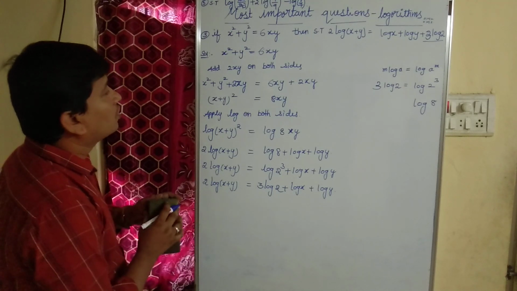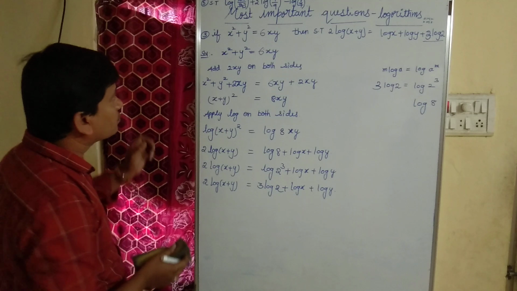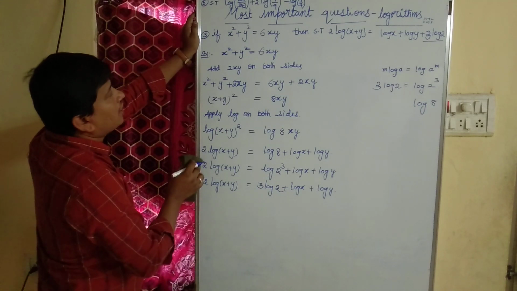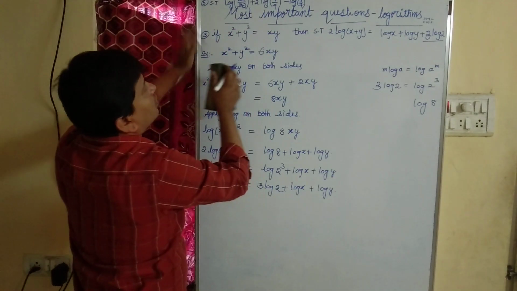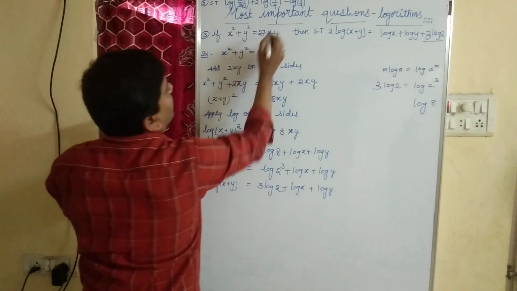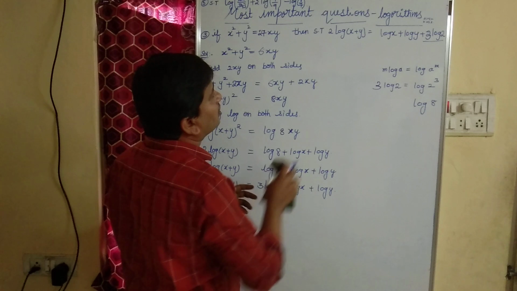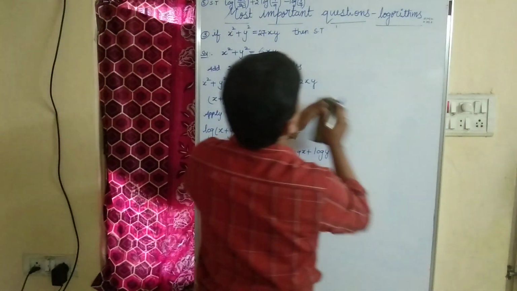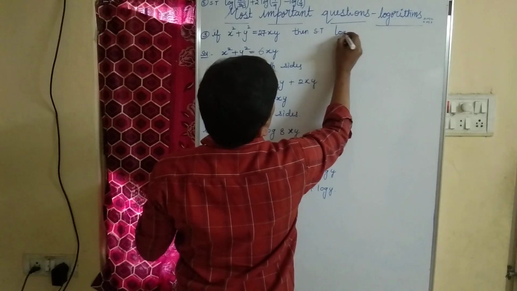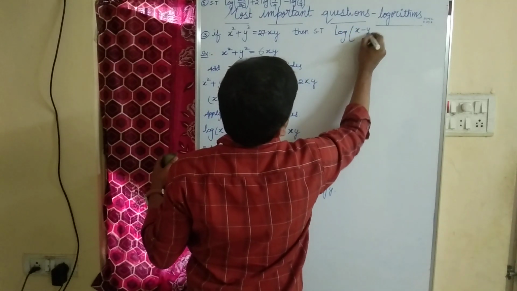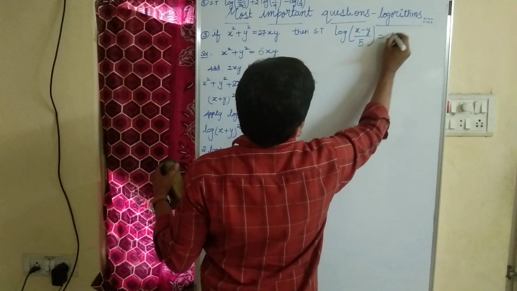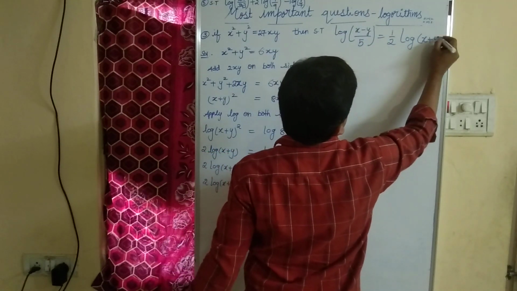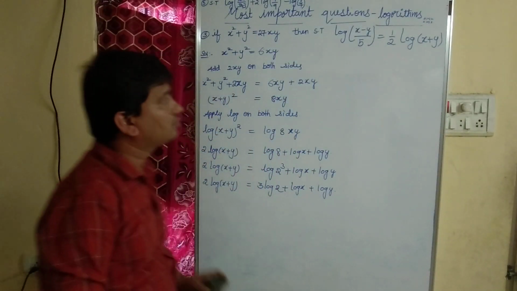Now coming to the fourth method. They may ask questions like this. If x square plus y square equal to 27xy, then show that log of (x minus y) by 5 equal to 1 by 2 into log of (x plus y).